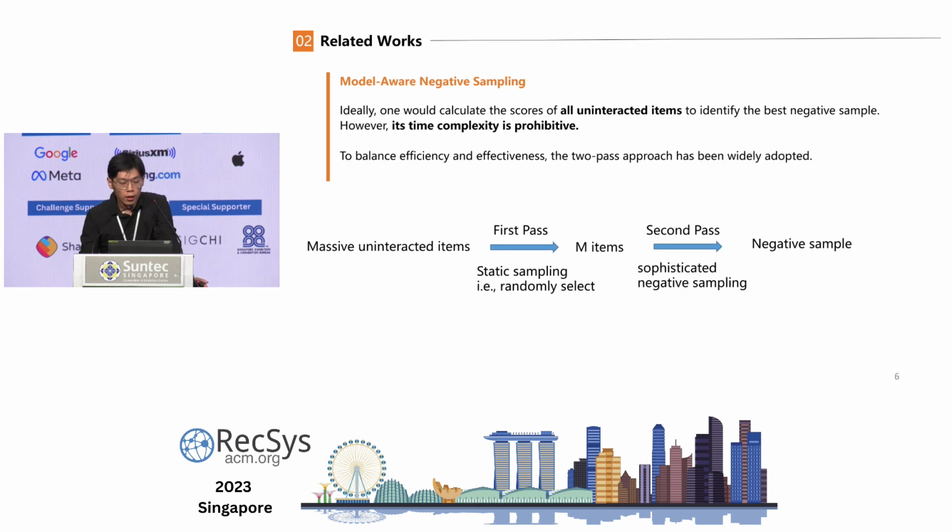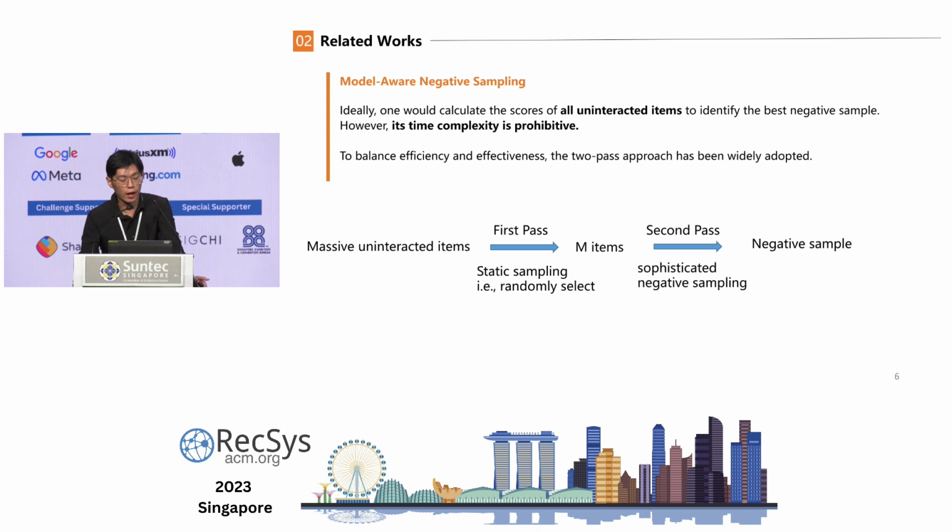Ideally, model-aware negative sampling would calculate the scores of all uninteracted items to identify the best negative sample. However, its time complexity is prohibitive. To balance efficiency and effectiveness, the two-pass approach has been well adopted. The first pass samples a fixed number of unobserved items by a simple static distribution.